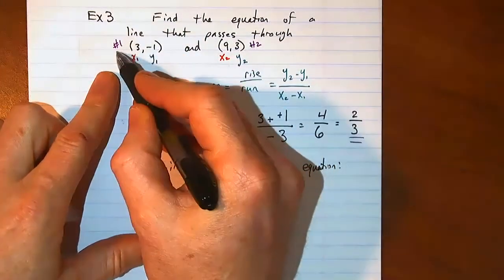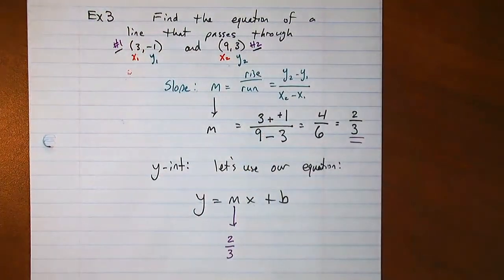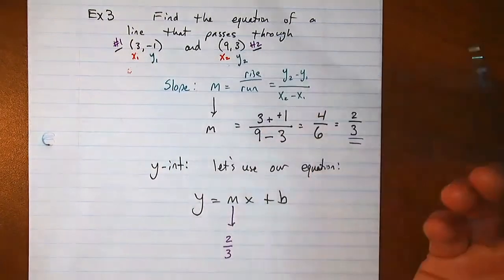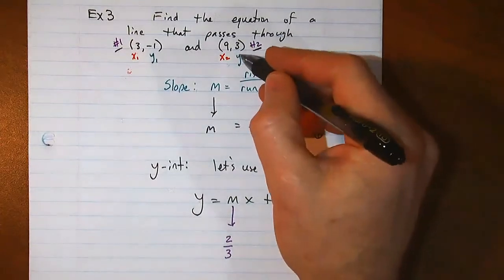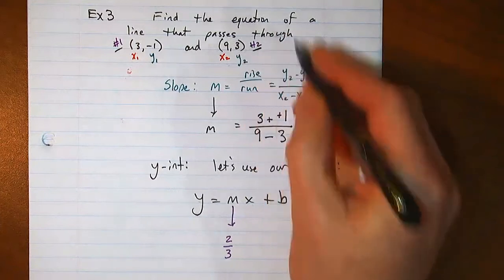So either you pick both number 1s or you pick both number 2s. It doesn't matter which, but you've got to pick them as a pair. I don't like negative numbers, so I'm going to pick number 2s. So I've got y number 2 is equal to 3.